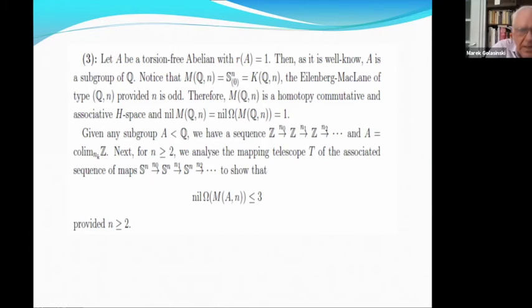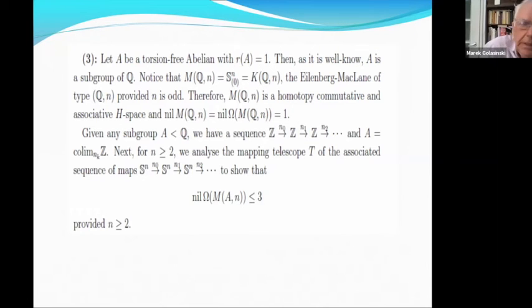Okay, now, but let's come back. That is some remark, but let's come back to our group A, which is a subgroup of Q. Any subgroup of Q has this property that it is a colimit of infinite cyclic groups. The reason is that the group of rational numbers is locally cyclic. It means that any finitely generated subgroup of the rationals is cyclic.